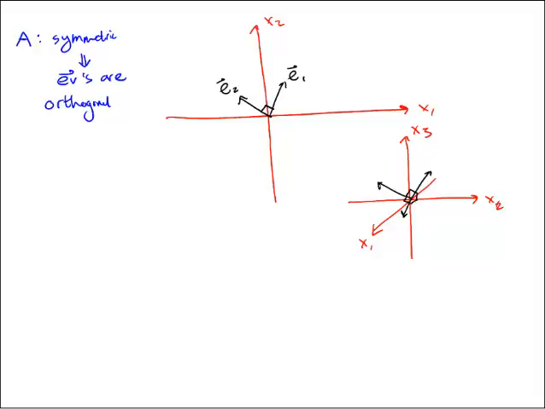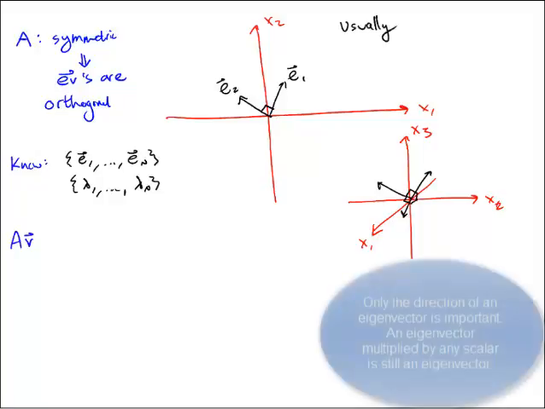So, what I claim is that in this case, knowing the eigenvectors and the eigenvalues tells you what A will do to any vector. So if we know all the eigenvalues and the eigenvectors, how can we figure out what A times an arbitrary vector will be? Well, since our eigenvectors are all orthogonal, and we usually take, I forgot to mention this, we usually normalize the eigenvectors so that they have length 1.